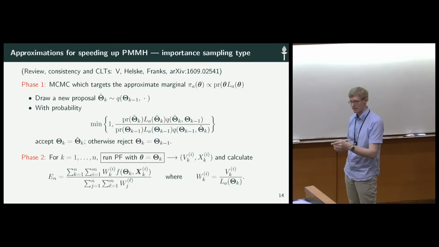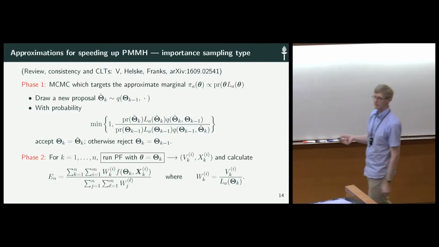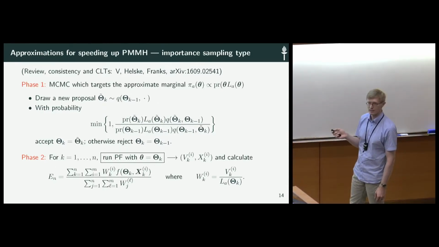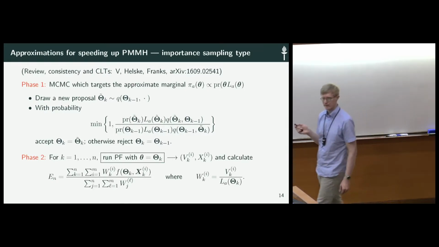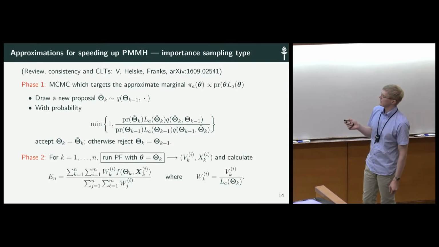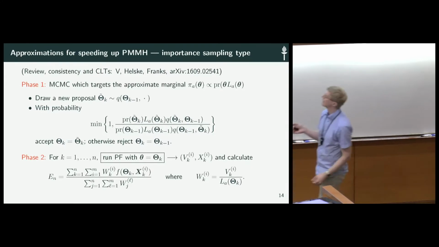You go to the next iteration. You don't do another accept. You drop that. So obviously you are doing something wrong in the first phase, right? You rely on an approximation, so that's going to be approximate. But what you can do is instead of doing the second stage in delayed acceptance, you run the particle filter only on the output of the MCMC, right?